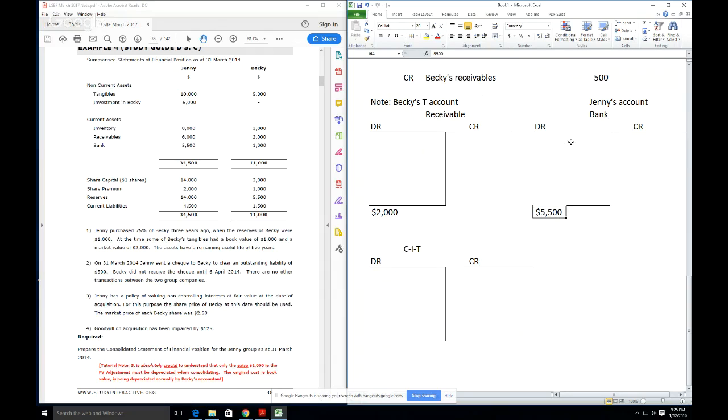From this, it clearly shows that there was 500 here that was credited from note 2 to clear out an account. If 500 was credited, meaning that this was 6,000.